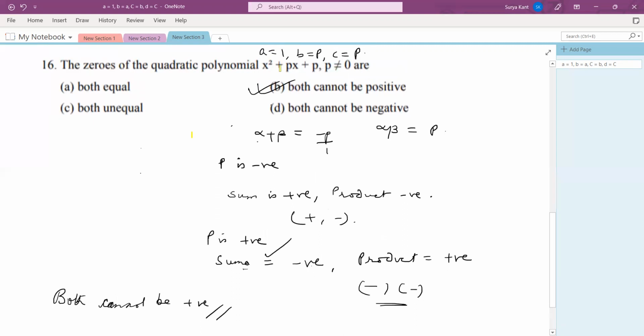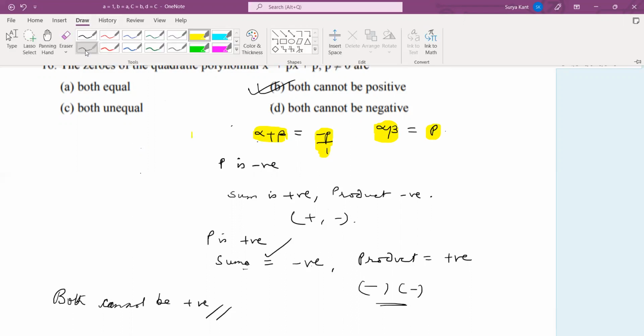See, the question is here: A is 1, B is P, and C is minus P. So P may be positive and may be negative also. As per the question, alpha plus beta is equal to minus B by A, that is minus P, right? And alpha beta is equal to only P, that is C by A. So there are two cases over here.